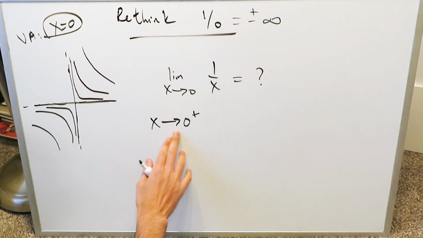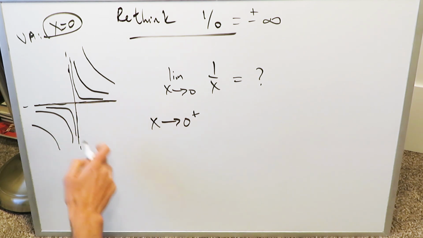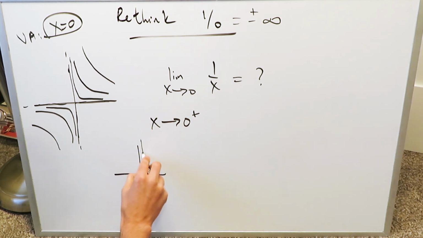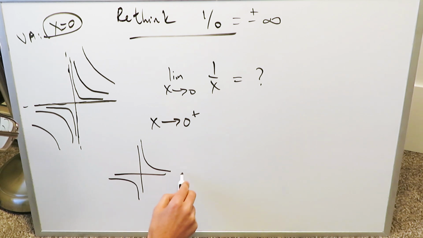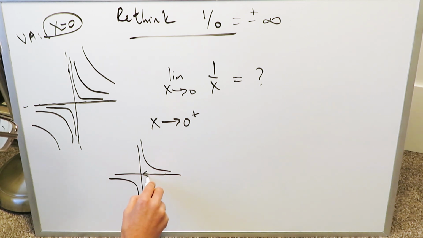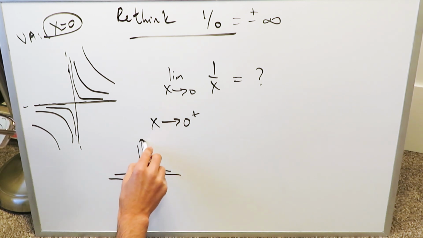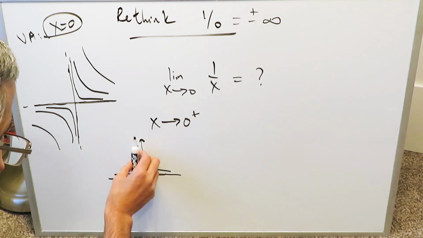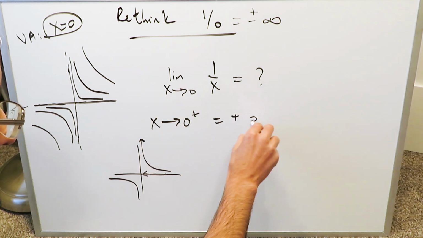If you are looking at those values of x which are approaching 0 from the right, you know 1 over x, it looks something like this and it looks something like this. When you're approaching the values of x approaching 0 from the right, your function is going up towards what? It's going up along a vertical asymptote towards positive infinity.